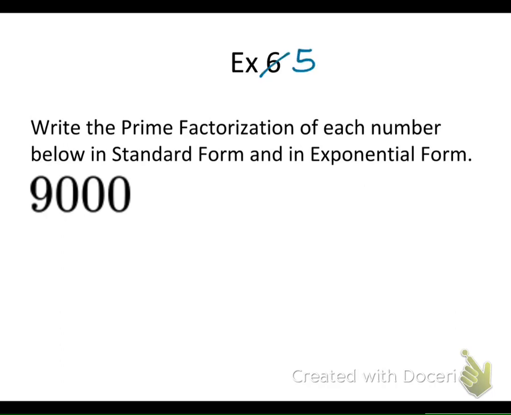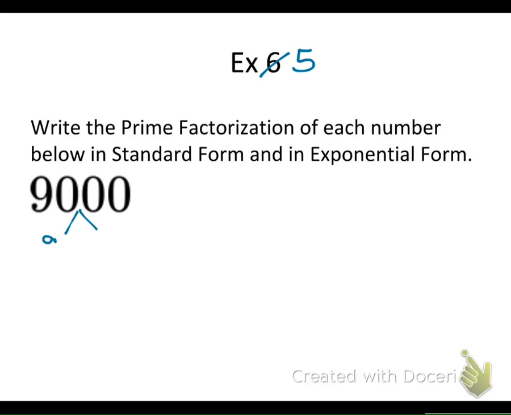I know, so frustrating. This is a ginormous, huge number. I have 9,000. What 2 numbers can I multiply together to get 9,000? There are various ways that I can break this up. Jalen? I can do 9 and 1,000.